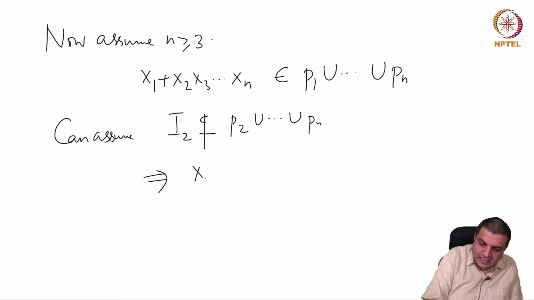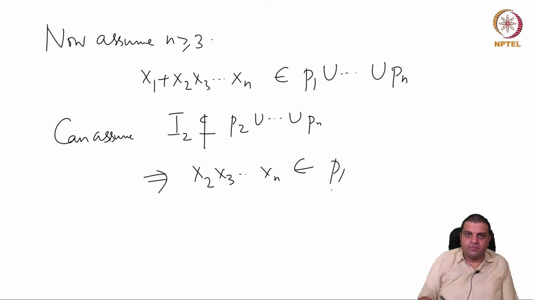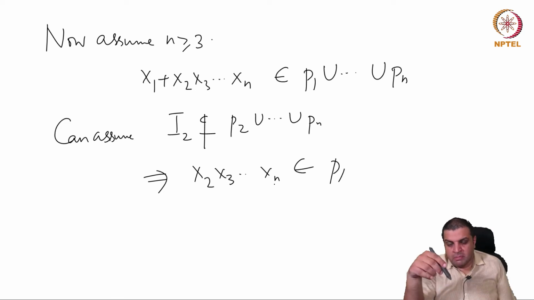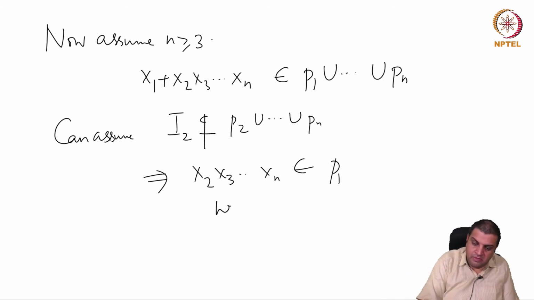This will prove that the product x2 x3 up to xn is inside P1. These elements were picked inside I, avoiding everything other than the second, then avoiding everything other than the third, and so on. So these elements are not inside P1, but their product is inside P1. But P1 is a prime.